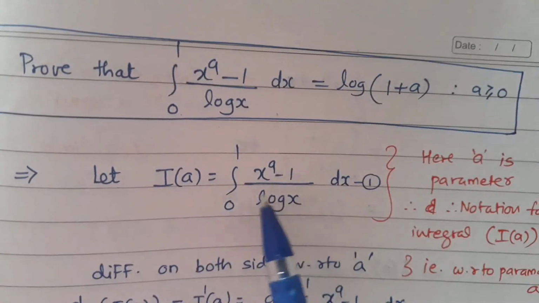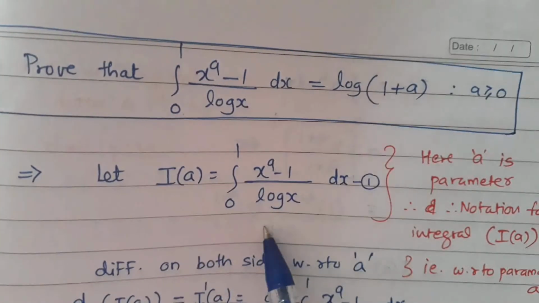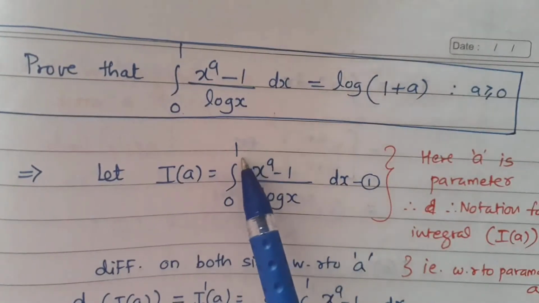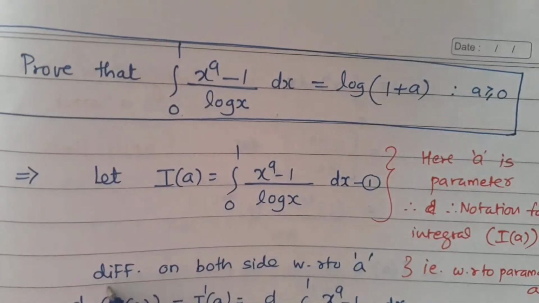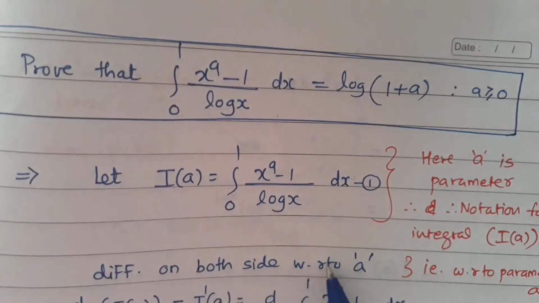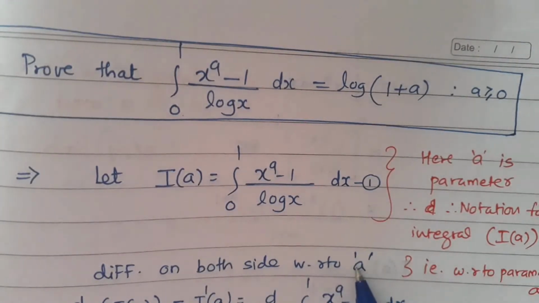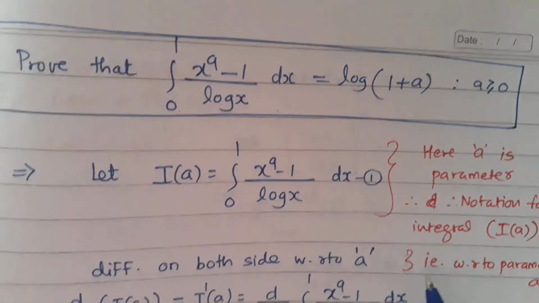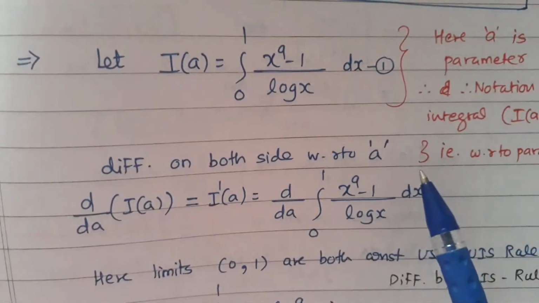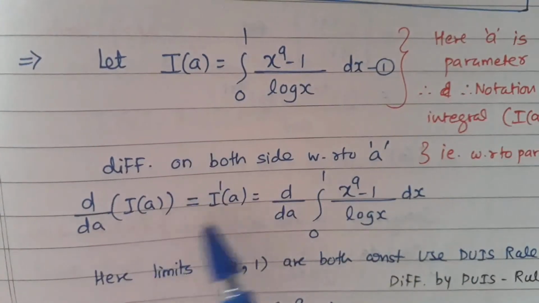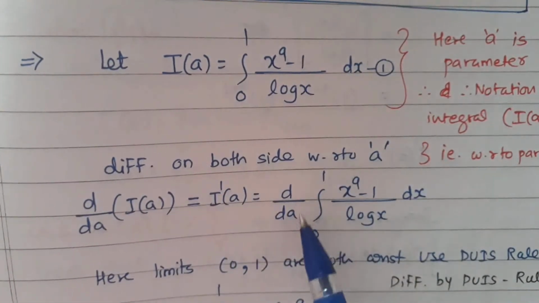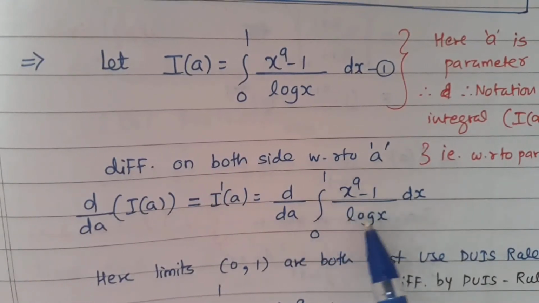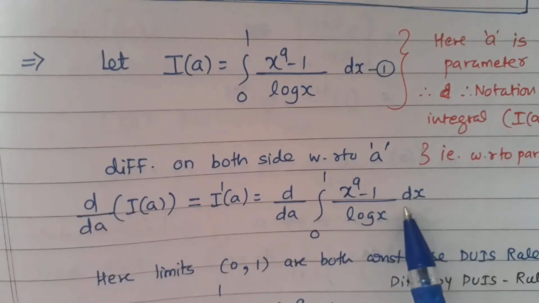To find the value of this integral, a is the parameter and the limits 0 and 1 are constants, so apply DUIS rule 1. Differentiate on both sides with respect to the parameter a, because the limits are constant. By using this rule 1, I of a becomes I dash of a, and this d by da inside the integral sign becomes the partial derivative of this function with respect to a.